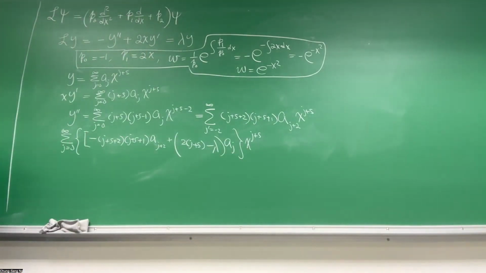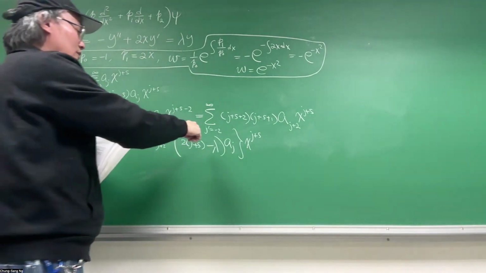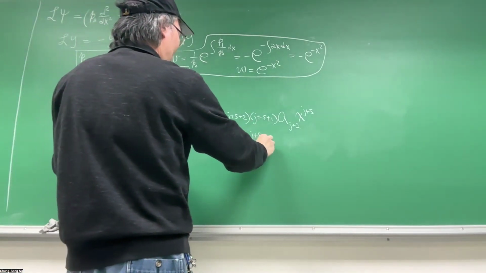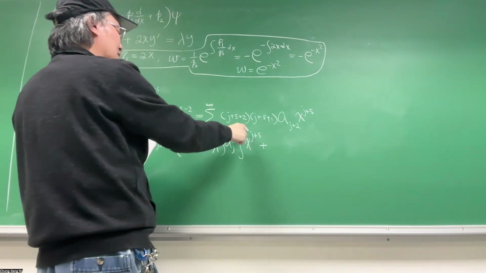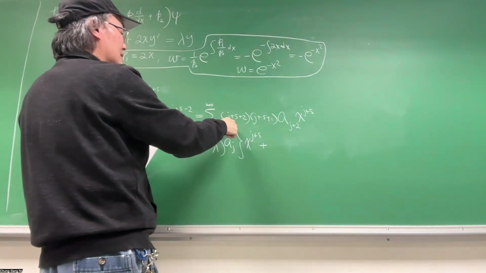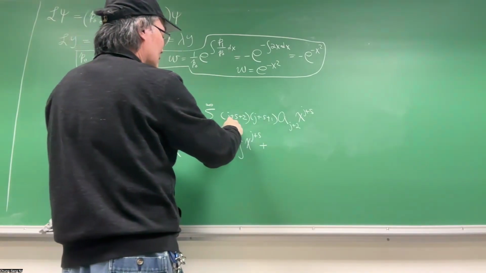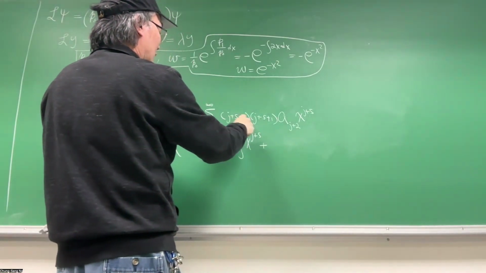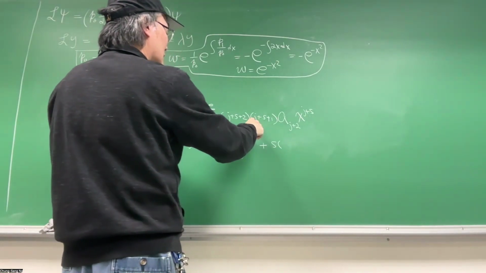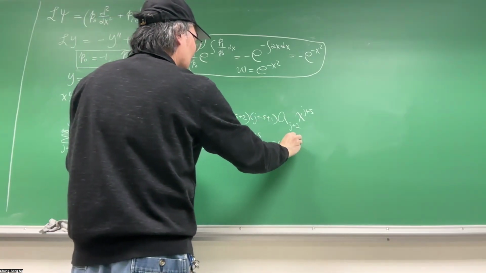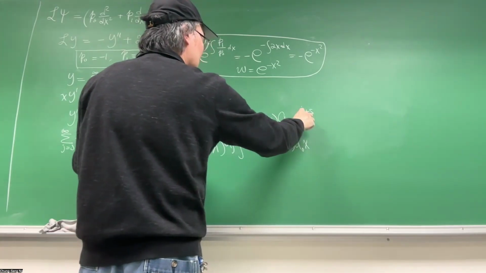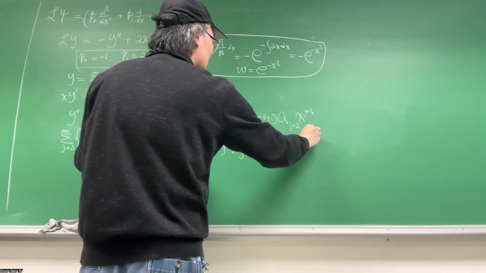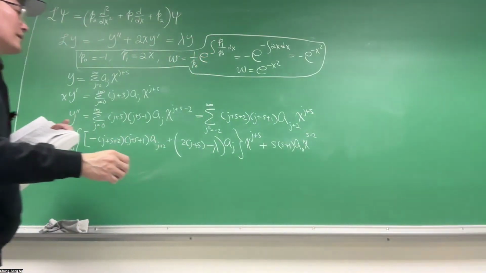Represent proportional x to the j plus s. Okay. And then the two extra terms: j is minus 2, j is minus 2, right? So you get s times s minus 1 times a sub 0, x to the s minus 2. Right.